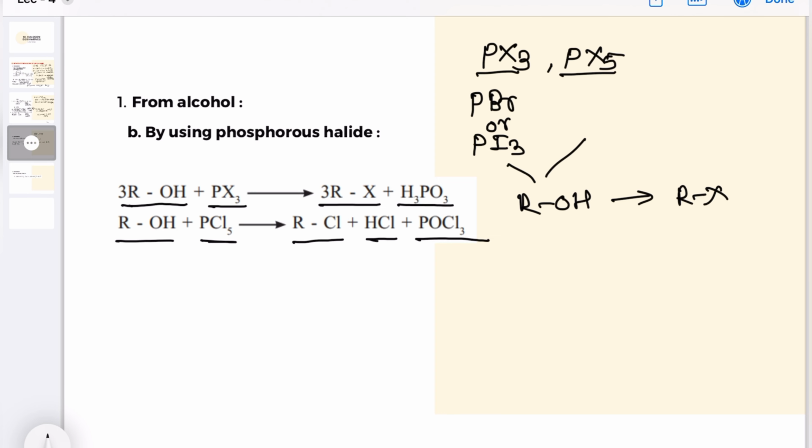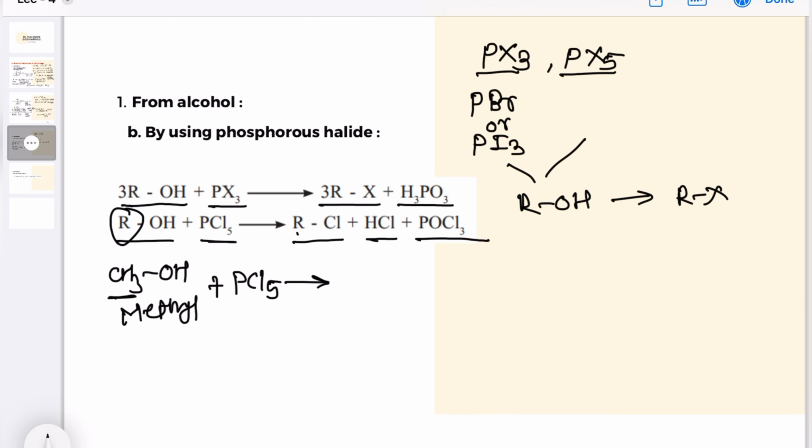this is a very simple reaction. If we are taking this alcohol as CH3OH, this is known as one carbon containing, that is methyl alcohol, plus PCl5 phosphorus pentachloride, then what happens?